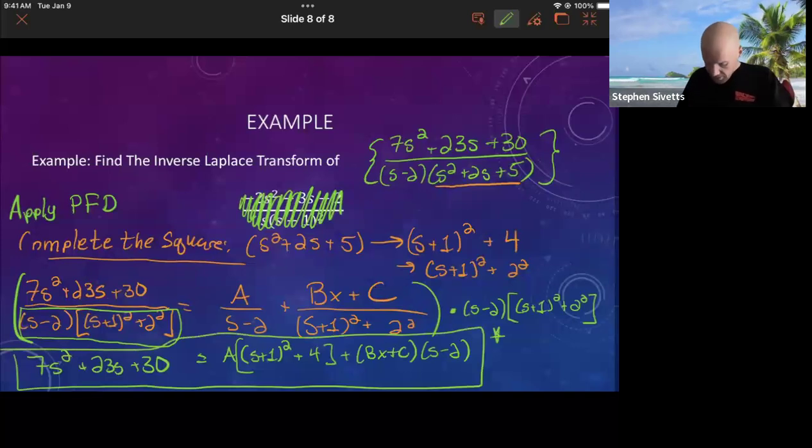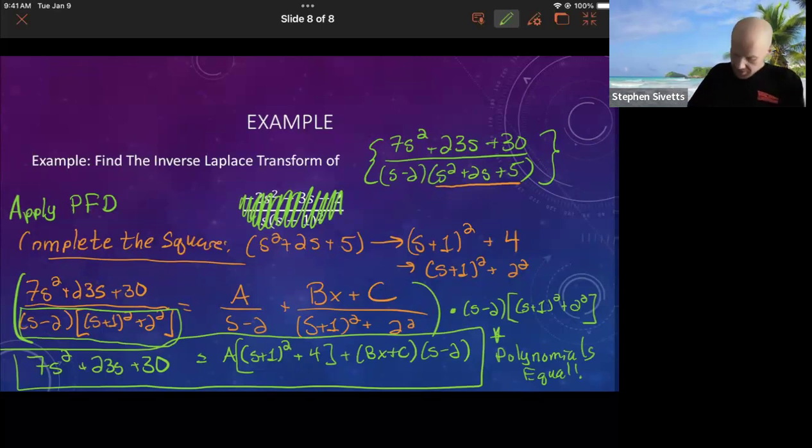So we know that these are polynomials that are equal. So they're polynomials in terms of s, and they have to equal each other, and they have the same degree, right?